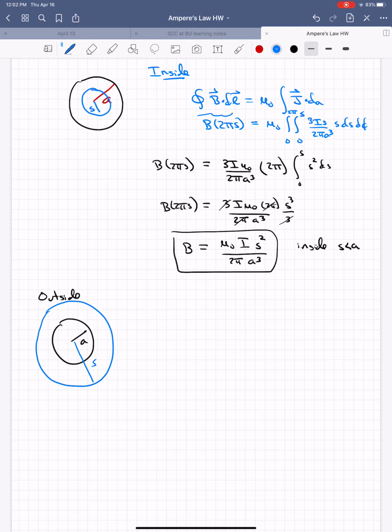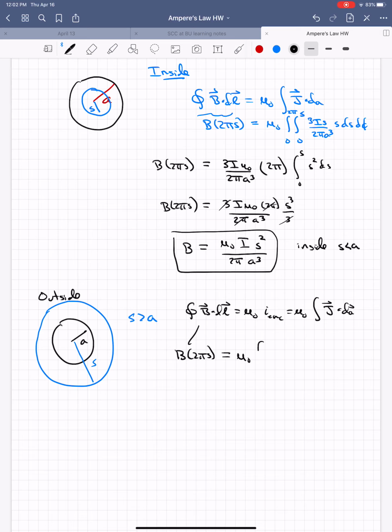And so now my loop is at s and s is more than a, so Ampere's law again is the integral of B dot dl is mu naught I enclosed is mu naught the integral of J dot dA. On this side again, I'm going to have B times 2 pi s. So the radius that I use on the left-hand side always is the radius of my loop.